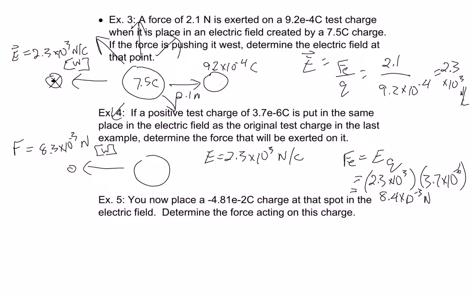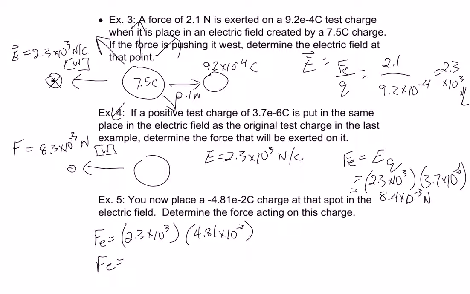So now our last example is the same thing, except it's now saying we're putting a different charge in that same spot. So we do it the same way. So our force would be still the same electric field strength. The only thing that's different now is our charge is negative 4.81, so we times it by 4.81 to the -2.